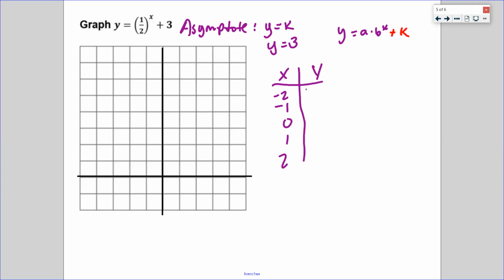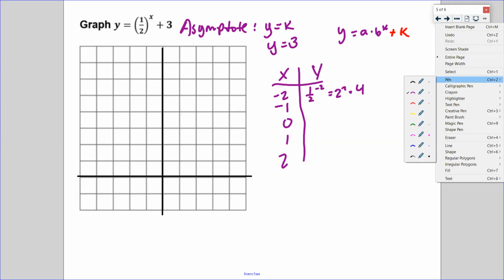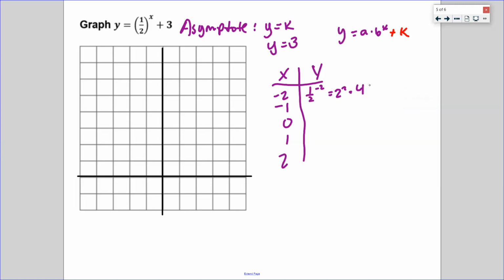So y equals, a here is 1, 1/2 to the -2. And then we'll do +3 at the end. So 1/2 to the -2 first is all we have to do. That negative exponent flips the fraction and it becomes 2 squared, or 4. And then I'll do any translations I have. +3. So this is 7.